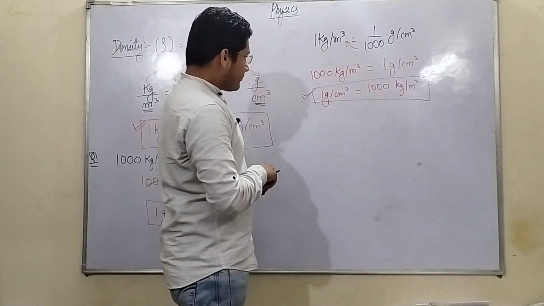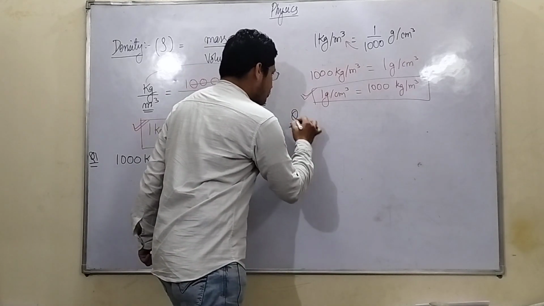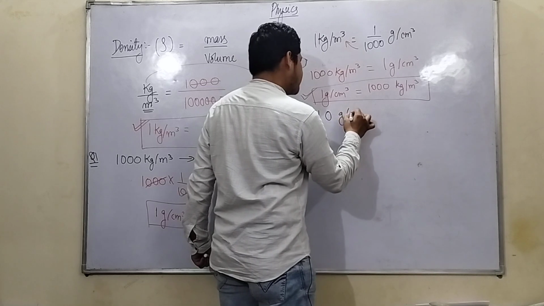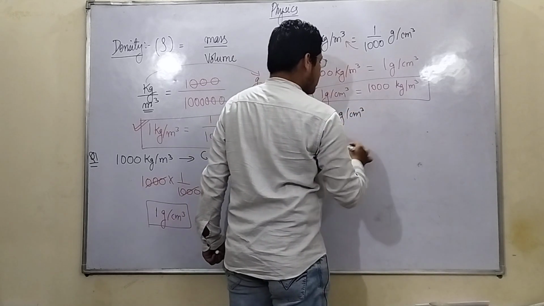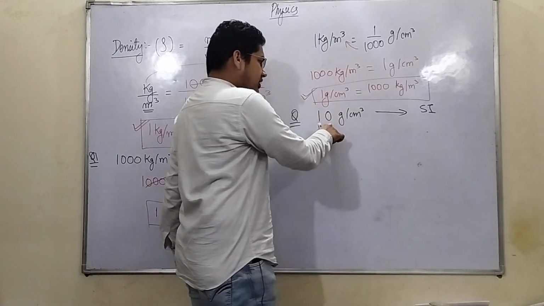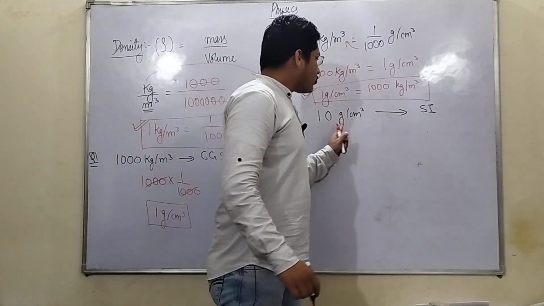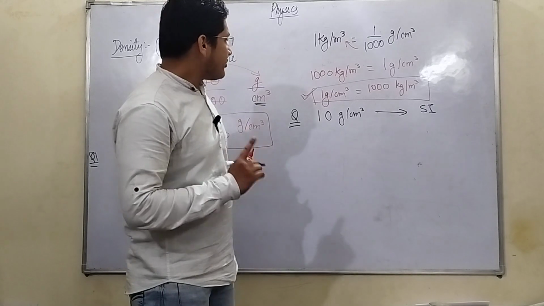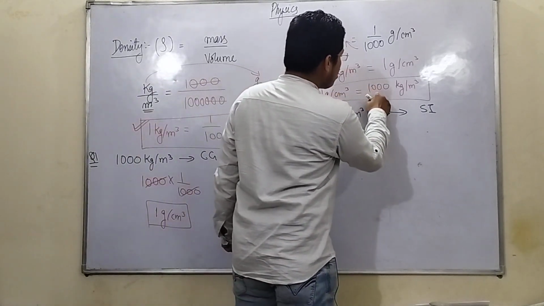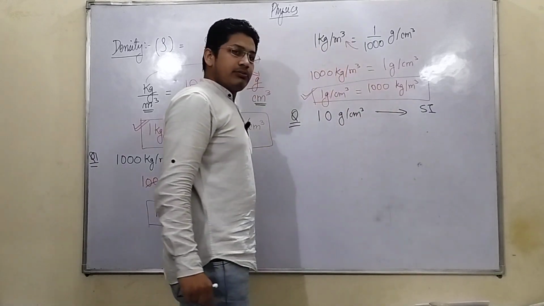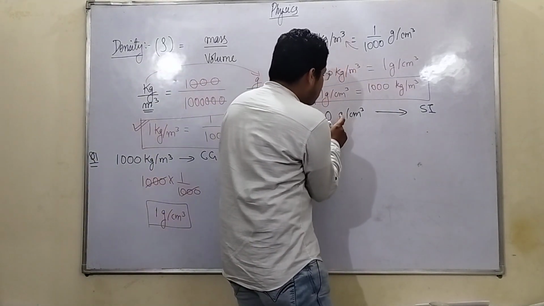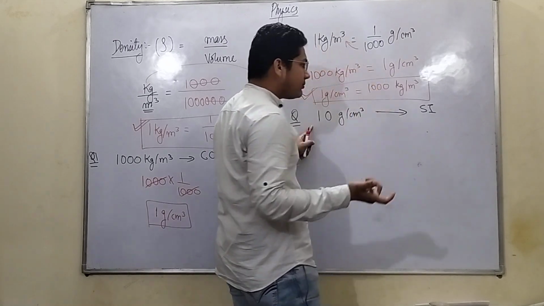Okay. Now beta, let's do one question. Suppose 10 gram per centimeter cube we have to convert into SI unit. This is the density in CGS unit. Now we have to convert into the SI unit. So beta, as we know 1 gram per centimeter cube is equal to 1000 kilogram per meter cube, so we will multiply it by 1000 simply.